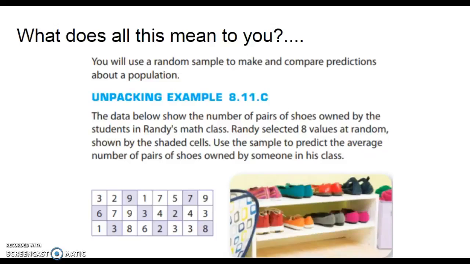Randy selected 8 values at random, so we need to divide 40 by 8. And you're going to get 5. So he can predict the average number of pairs of shoes owned by someone in his class by doing that random sample. And that answer is 5.